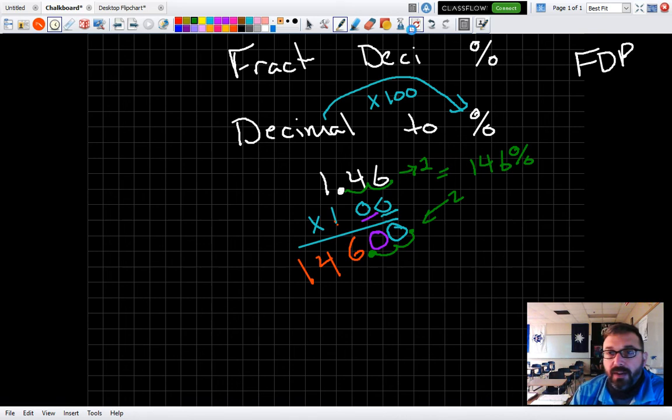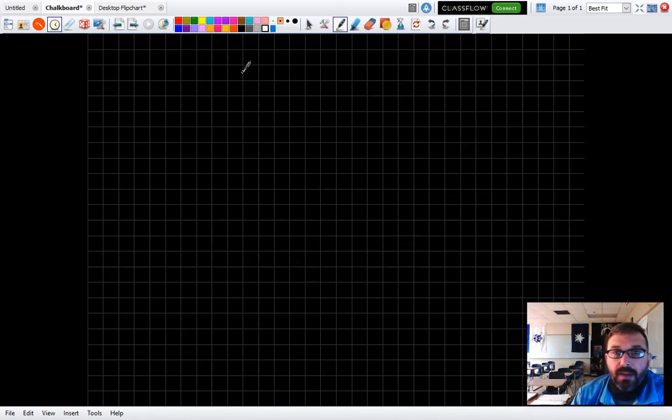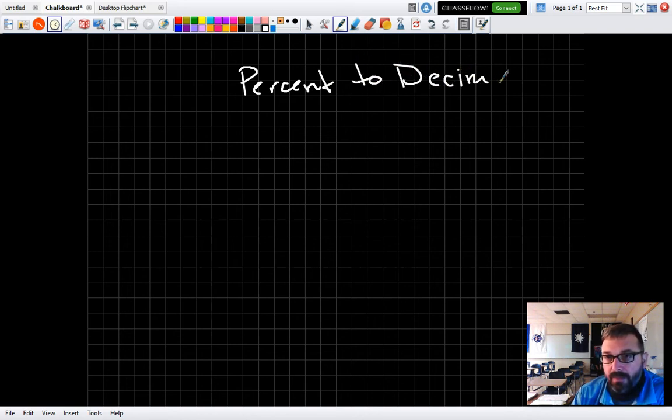The next way we go is the exact opposite. We are going to go from percent to decimal. So if I go from decimal to percent and I multiply, when I go from percent to decimal, I'm going to divide by 100.